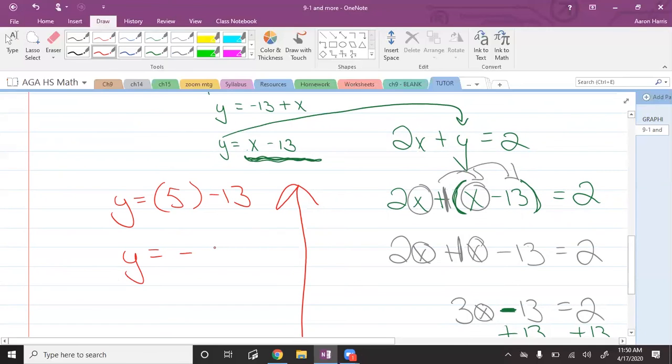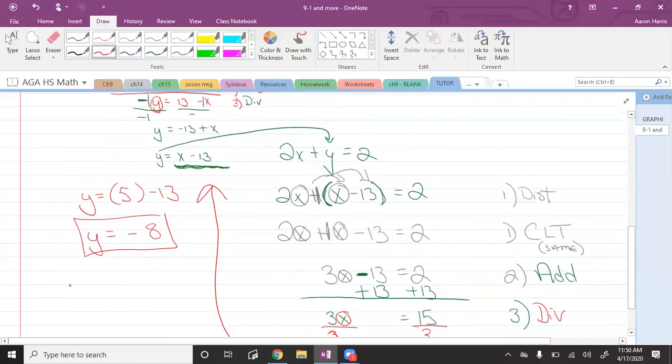No, not 18. It would be negative 8. Negative 8, correct? Isn't that what the answer was? Then we put our answer as 5, negative 8.